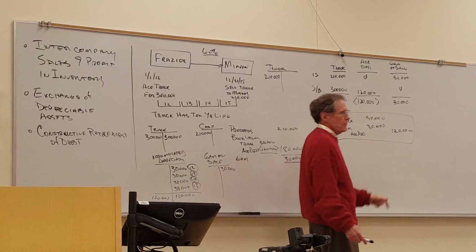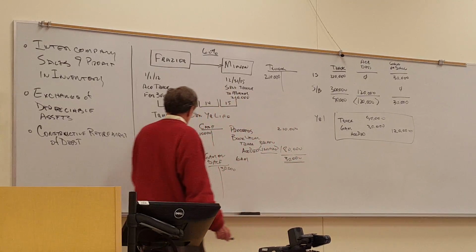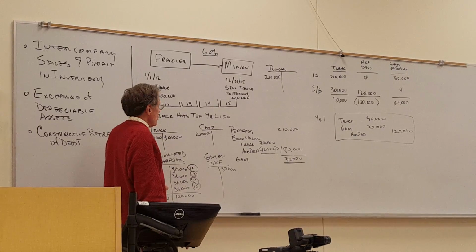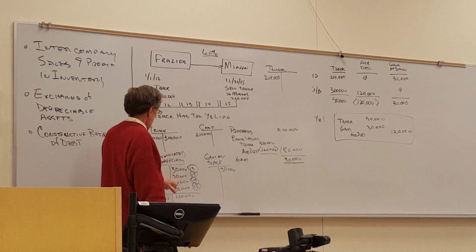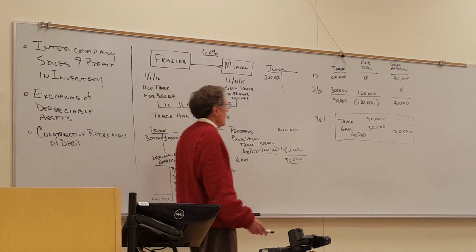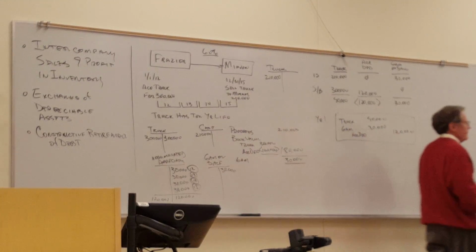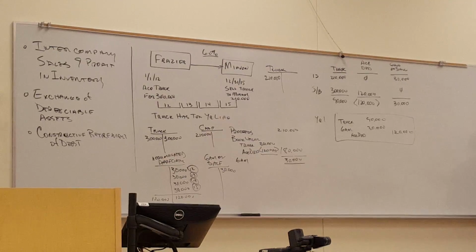The accumulated depreciation needs to continue to be computed on the basis that was computed over here, which is 10 years of 300,000 or 30,000 a year. We do that in both years, and the accumulated depreciation will go up each year.